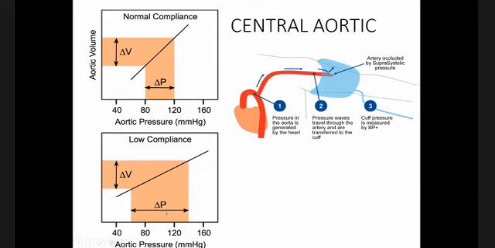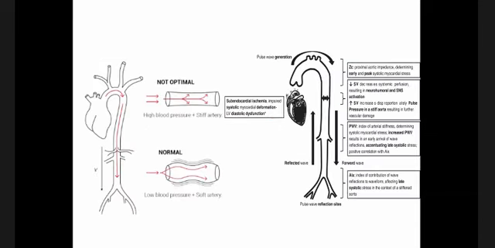So the central aortic blood pressure, which should be much lower than the peripheral blood pressure, actually goes up. And this we can measure now by different types of blood pressure devices that use applanation tonometry to look at the pulse wave also. They look at the blood pressure and the pulse wave and indirectly tell us the central aortic blood pressure.